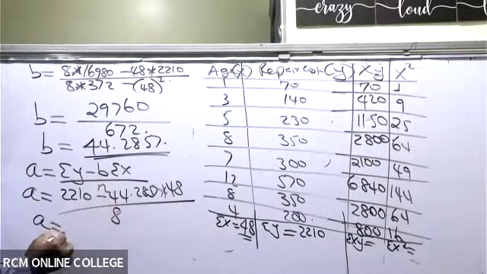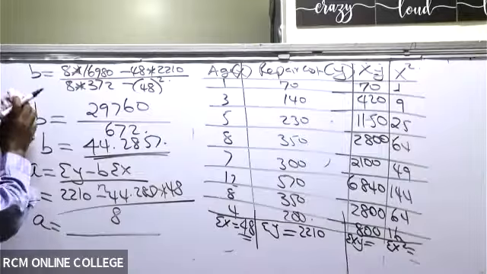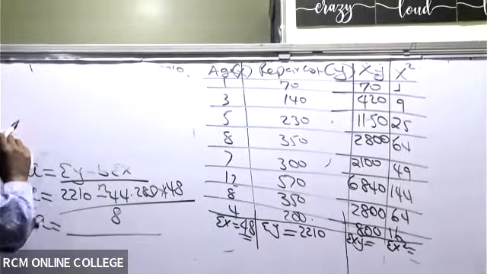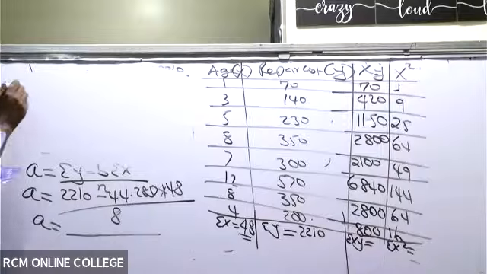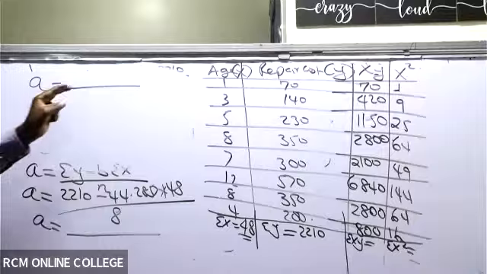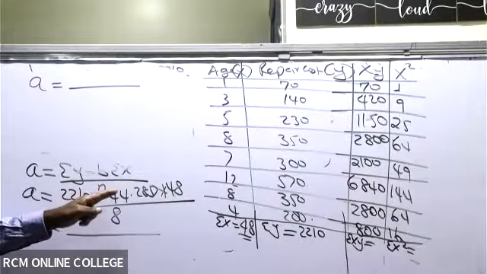So again, go slowly and give me the numerator here. Is there somebody who is able to give me the numerator for getting the value of A? To get the numerator, we are taking 2210 minus 44.2857 times 48.